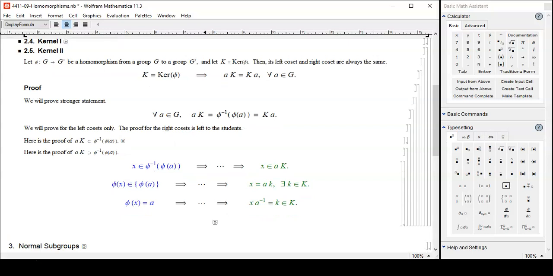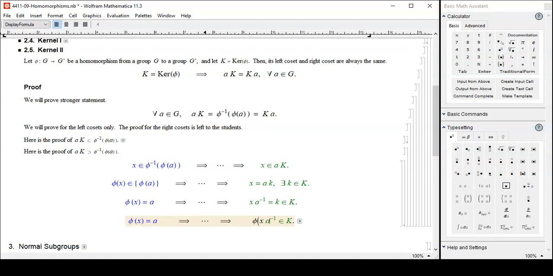Okay, let's go one more. Let's reduce one more time. What do you mean by something belongs to kernel? That means the function value is the identity.